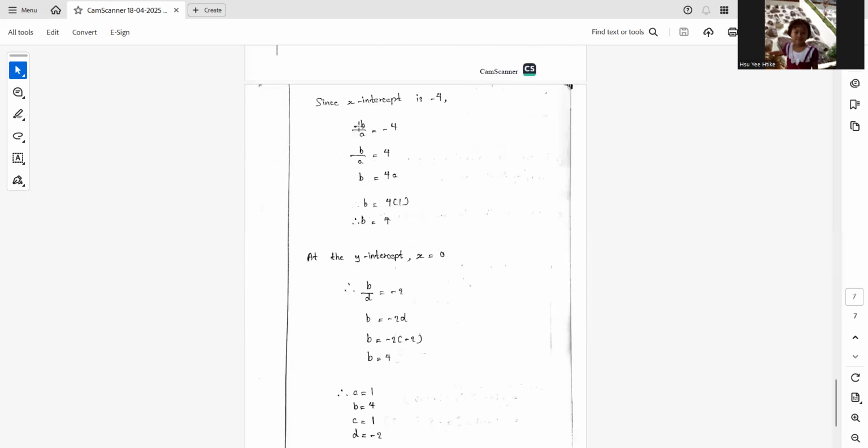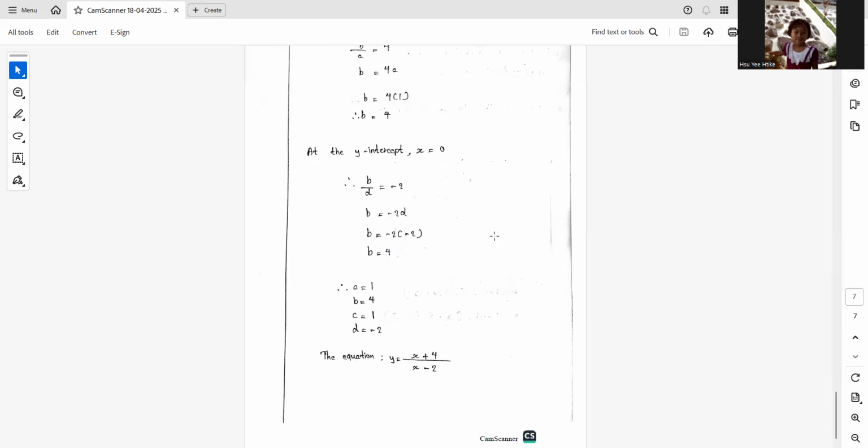Since the x-intercept is -4, -b over a is equal to -4, and we divide the whole equation by -1, so it becomes b over a is equal to 4, and b is equal to 4a. As the value of a is equal to 1, we substitute 1 in place of a. So b becomes 4.